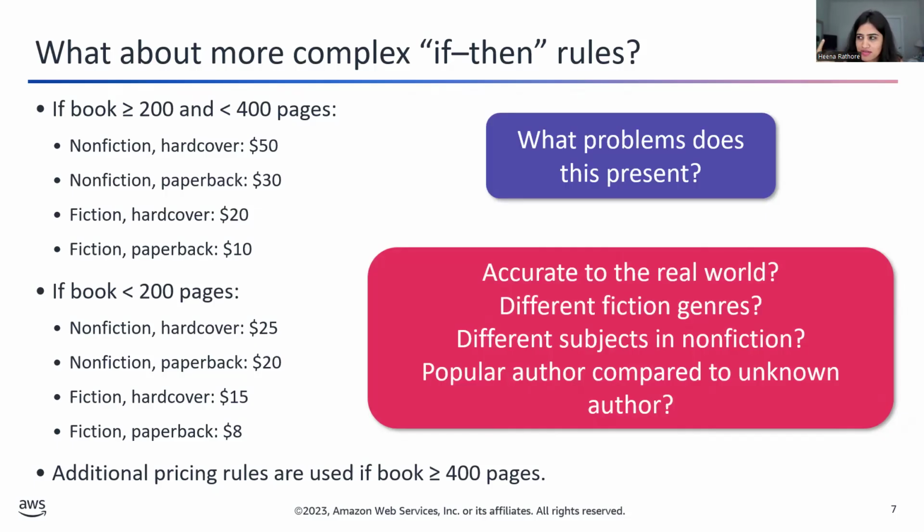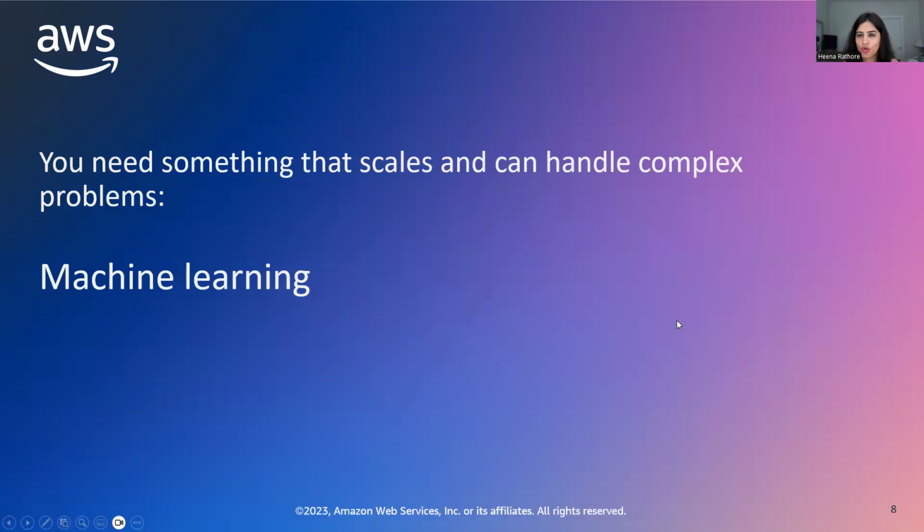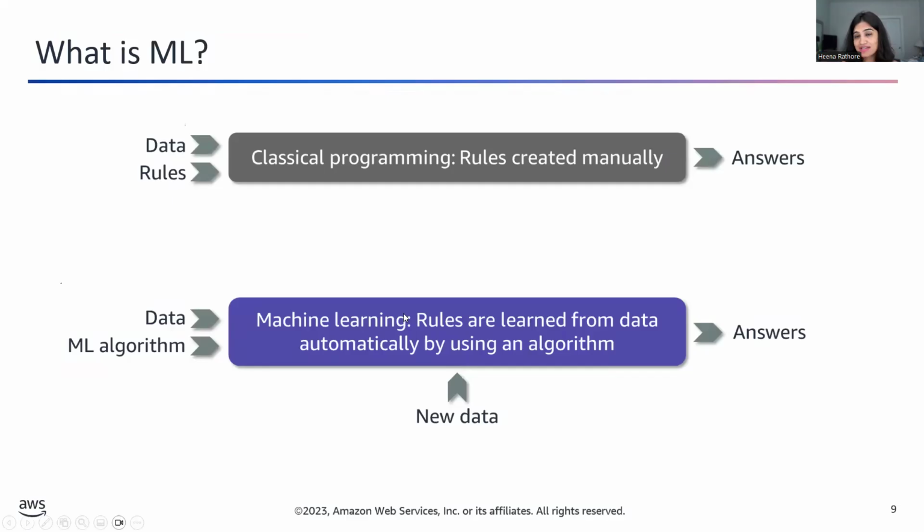So you need a solution which is scalable, which can handle all of these different attributes of fiction, non-fiction, author, price, page count, and so on. For this, we require a machine learning model, because machine learning can understand the patterns and even the complexity. The more data you feed in, and the more features you have, the better the model can be.